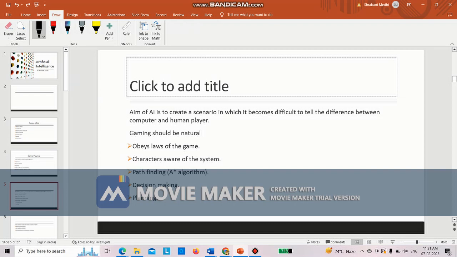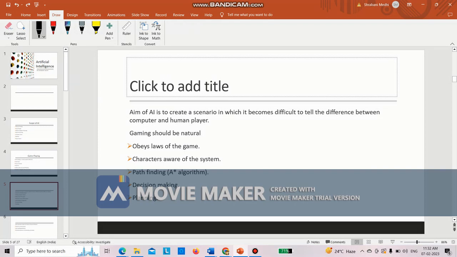Accordingly, it should move. The characters should play their role and be aware of the system. In tic-tac-toe, if player one is giving a cross, it should know that it needs to give a cross each time it plays. The other player will be giving the circle. So it should be aware of the characters.